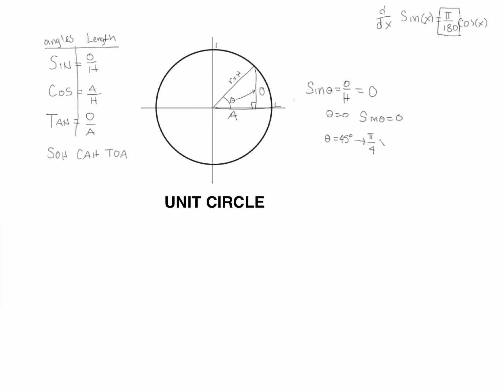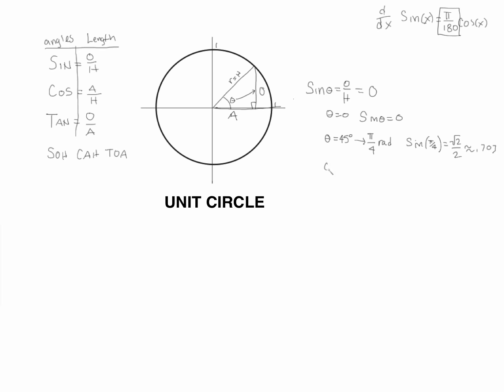Normally, we don't need to write the word radian, by the way. We just leave it as a number. If you need it, you can call it rad, but technically you don't. But anyway, the sine of pi over 4 is equal to the root of 2 over 2, which is roughly 0.707.